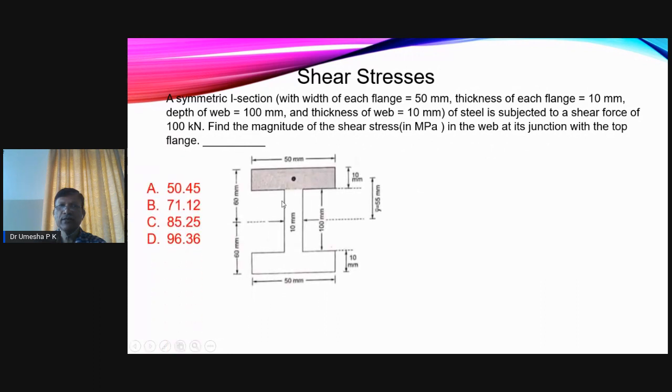So this is the one they have given here, that is 50 by 10, and that is 100 by 10. They are interested to know the shear stress at the junction point of the top flange.